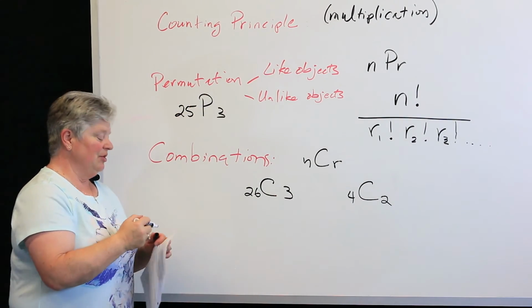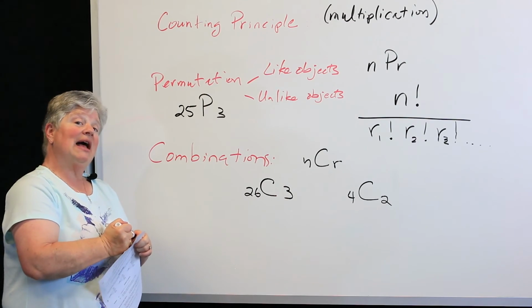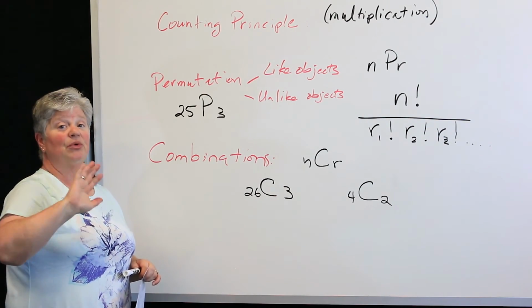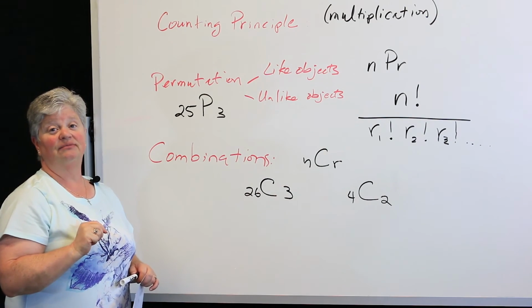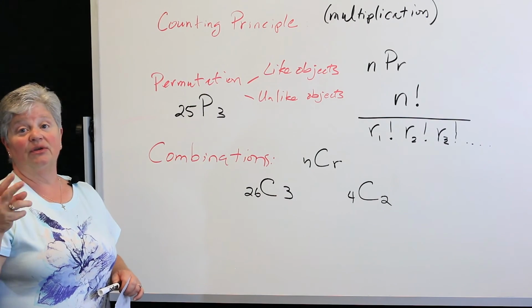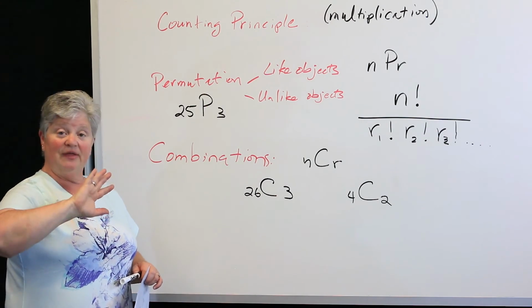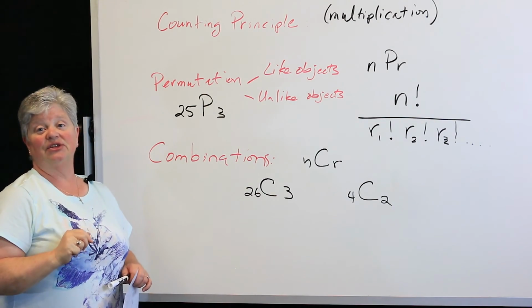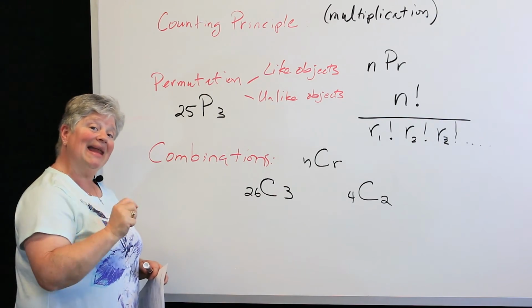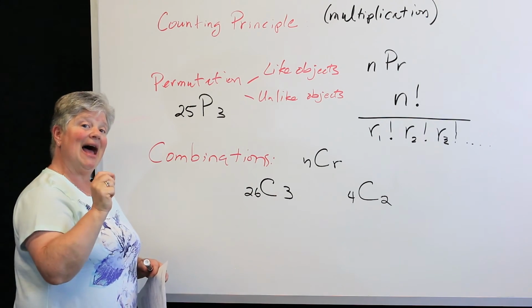If I said to you, in that same class, how many ways could we choose 3 students to represent us on student council? Not giving them any particular function, the 3 of them are just going to go off and represent us on student council. That's a combination because I'm not giving them any specific task.